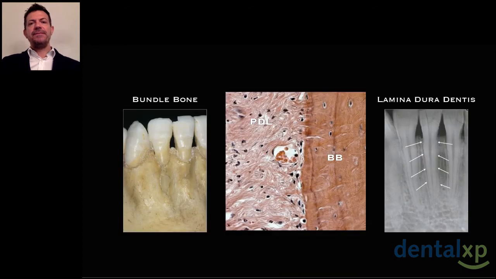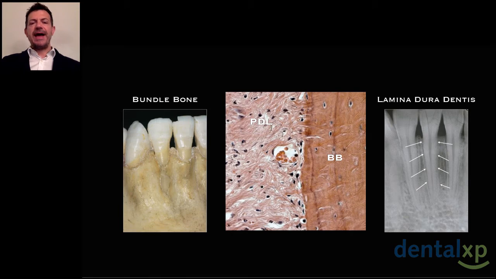And the remodeling is due to the resorption of the bundle bone. The bundle bone is a thin layer of cortical bone that surrounds the inner layer of the fresh alveolus 360 degrees, and it is in direct contact with the periodontal ligament.